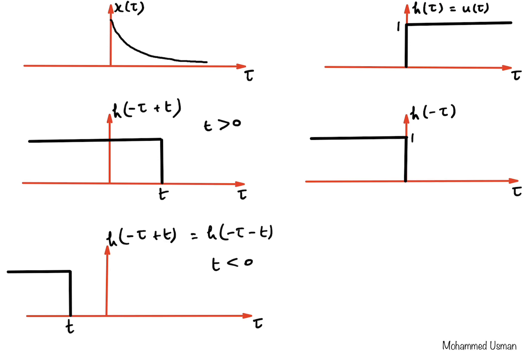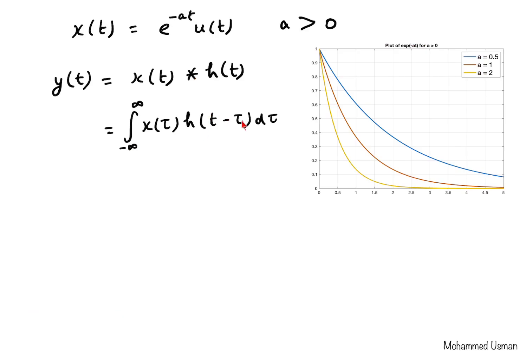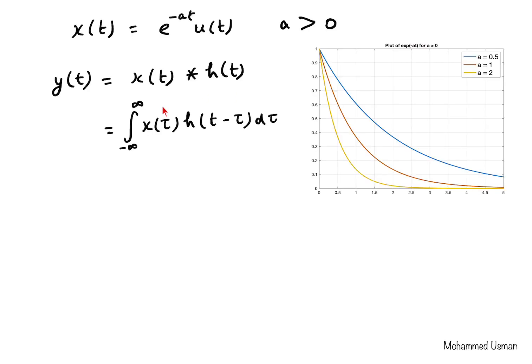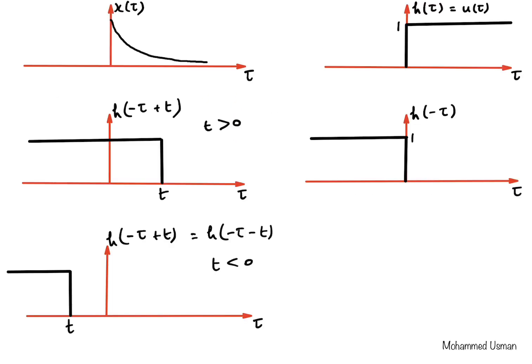So basically our product of x of tau and h of minus tau plus t, which is h of t minus tau, is non-zero only for t greater than 0, when t is positive.